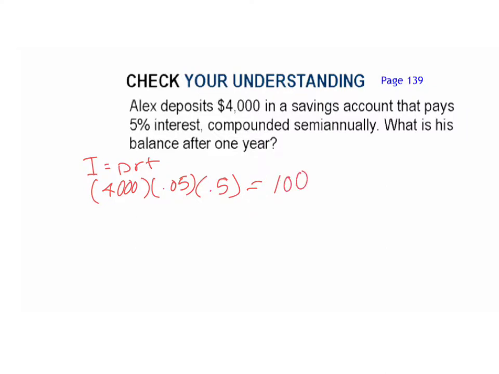So we add that to our principal for the second 6 months. And now our equation is 4100 times 0.05 times 0.5.